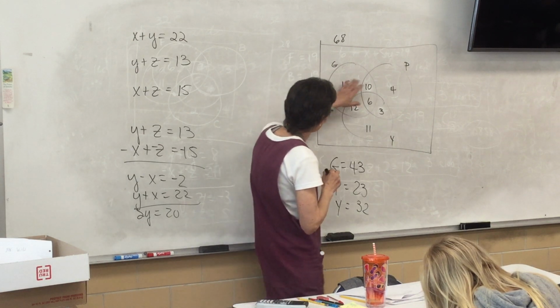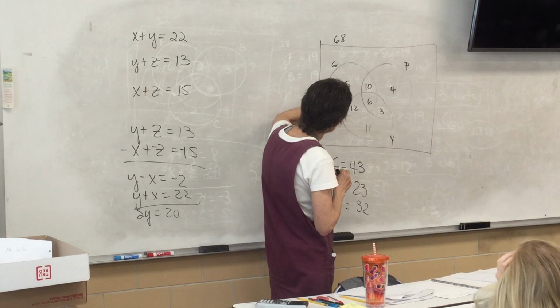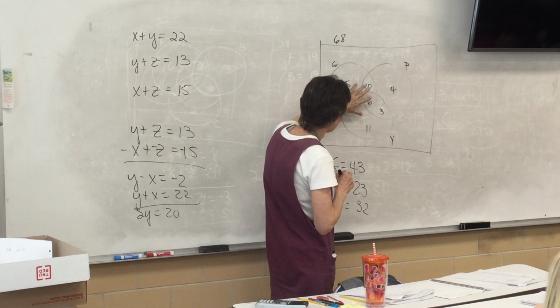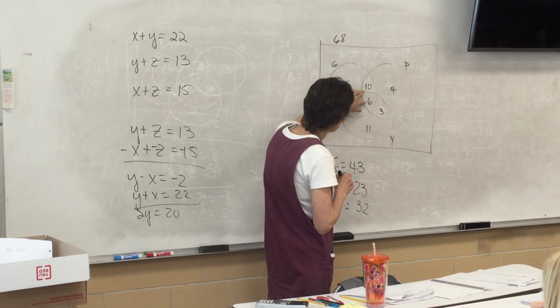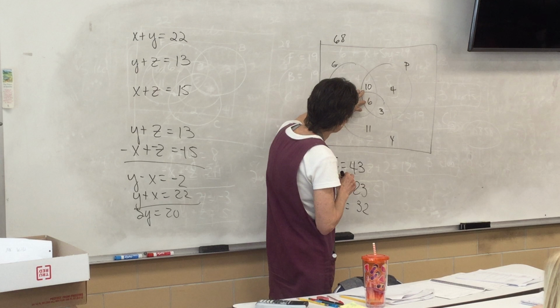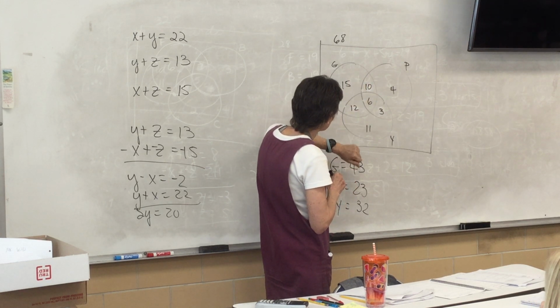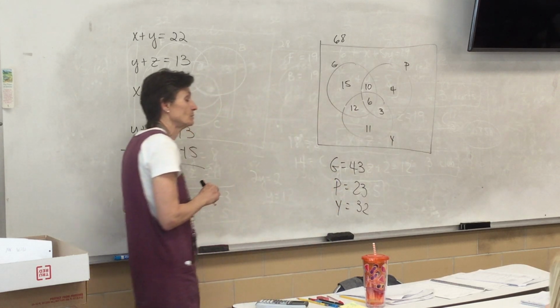Now, I'm gonna double check by adding all this up. So that's 27, and 10 is 37, and 6 is 43, okay, so that works. 12 and 16. Oh wait, no, 7 and 16 is 23, and 20, 32. I think I got the right numbers.